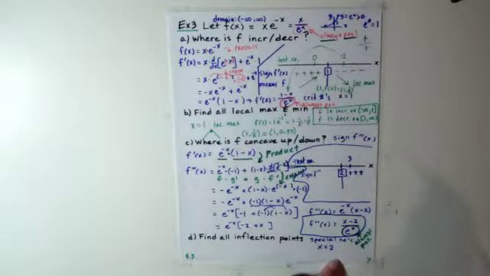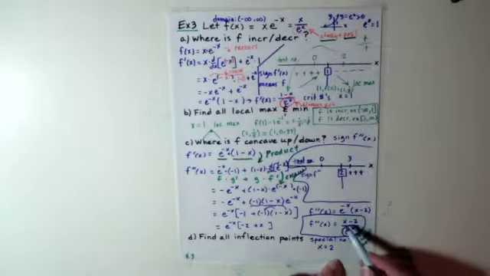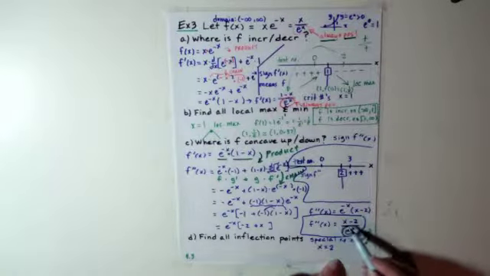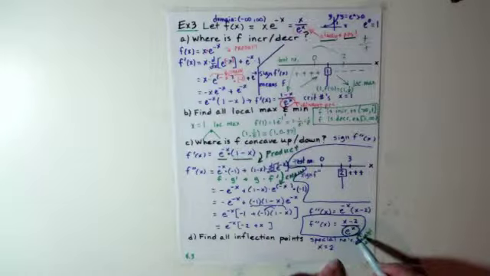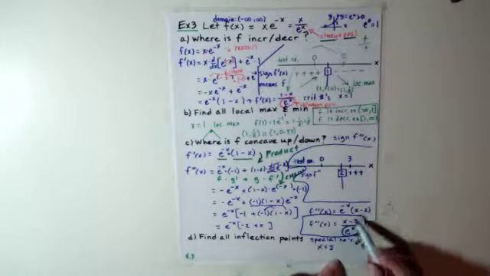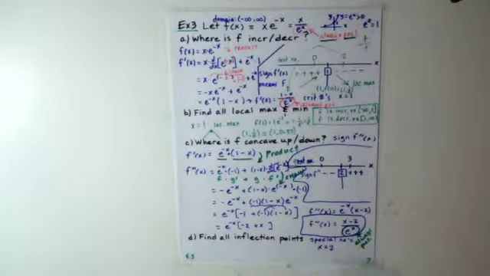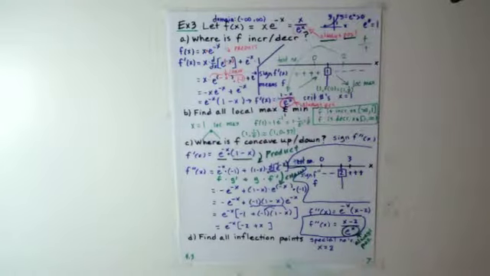If I want a test number to the left of 2, I could choose something like 0. 0 minus 2 would be -2, so the top now is negative. The bottom's always positive, and so I get negative over positive. Overall sign is negative to the left of 2. Well, that means something about my original function f.